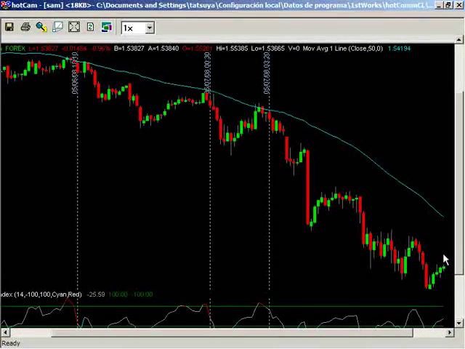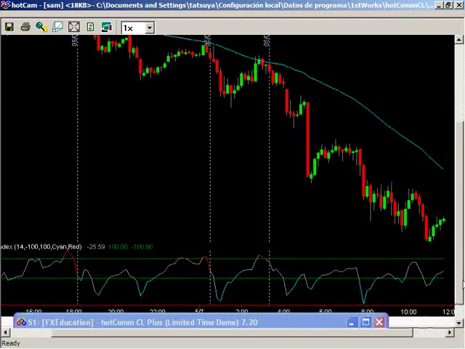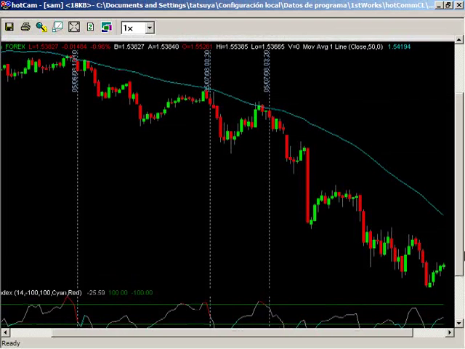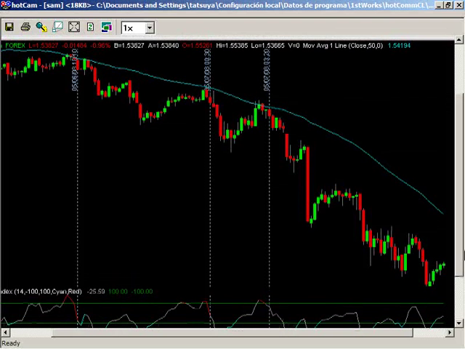Now you can see, if you look at my vertical line and look down at the CCI part, it looks like I'm shifting it over to the right. Maybe you might think I should move it over to the left just 1 bar. But I'm giving you the reality version of trading.